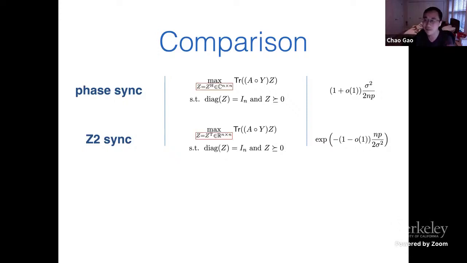So the main difference between the two SDPs is that for phase synchronization, the optimization is over all complex matrices, but for Z2 synchronization, the optimization is over all real matrices. And this is the only difference, right? So if you optimize this objective over all real matrices, then it turns out to capture the discrete structure, which will give you the exponential rate, okay?